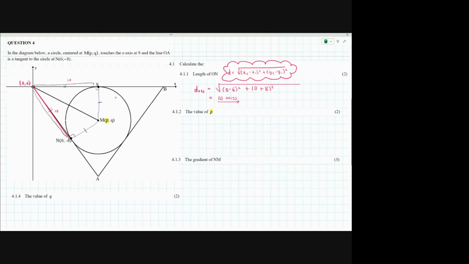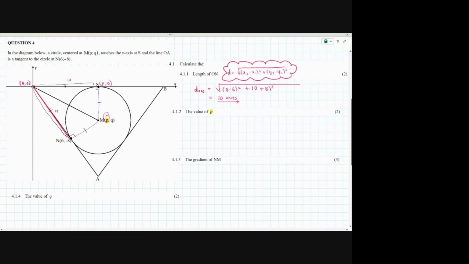So P is my x-coordinate. As I said earlier, this line MS is going to be perpendicular to the x-axis. So basically, MS is a vertical line, which means that whatever this x-coordinate at M is going to be exactly the same x-coordinate at S. And then obviously, because S is on the x-axis, the y-coordinate is 0.